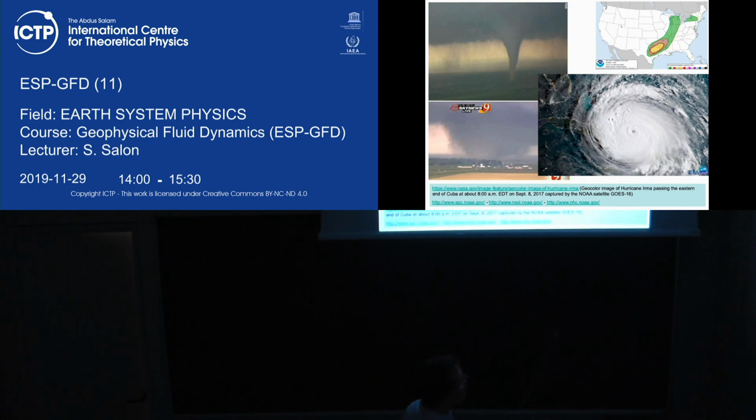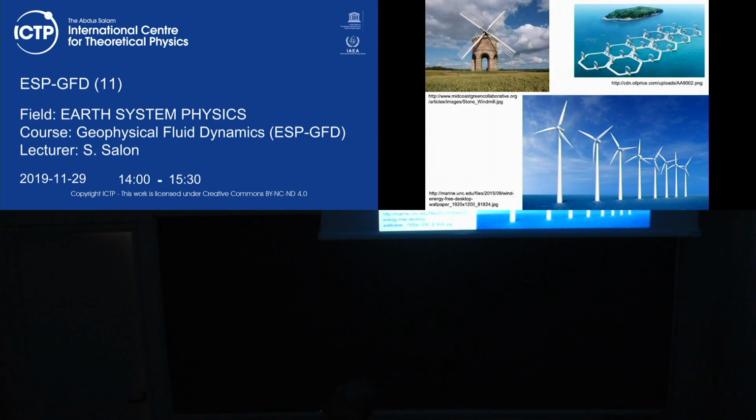We want to have all the possible information to avoid that lives will be lost, or also properties and goods. But you also spoke about climate change, and energy is also very important, because we can use the GFD equations to understand how winds, for example, work and how we can extract energy from wind.